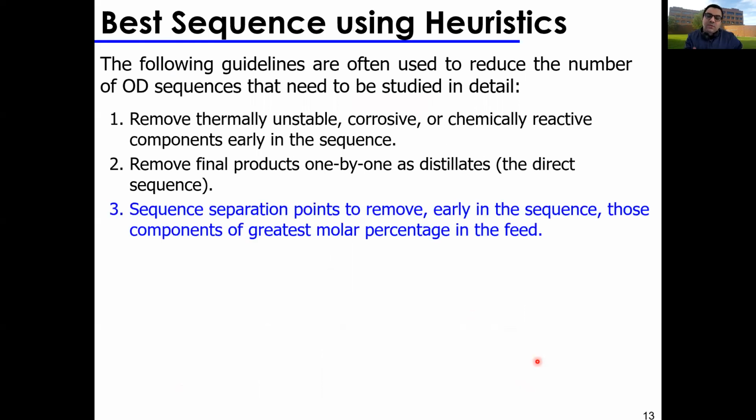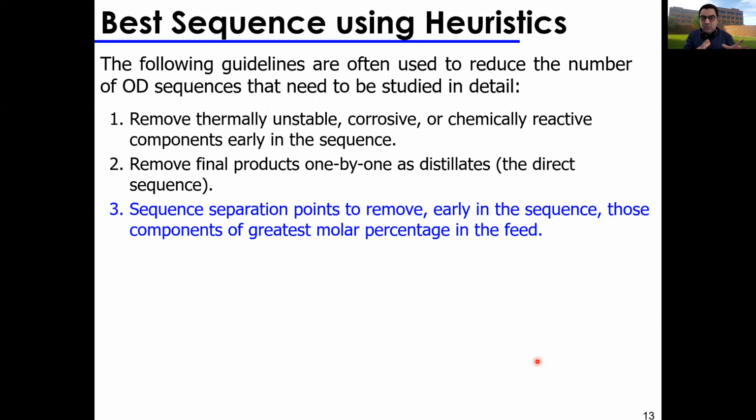Number 3, sequence the separation points to remove those components of the greatest molar percentage in the feed. And this is important, right? You always want to try to remove the components with the highest flow rate in your feed first. Because if I have a feed which has 70% of component A, I want to separate component A as early as possible.